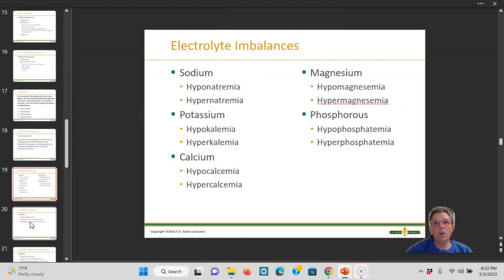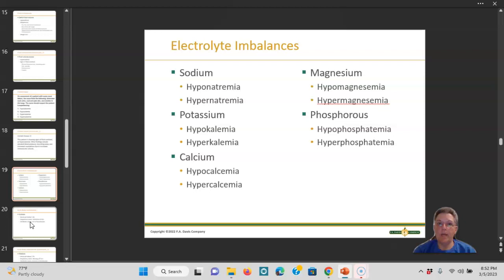All right, so the electrolyte imbalances are either hyper or hypo, and then the word ending in emia, in the blood. So hyponatremia, hypernatremia, hypokalemia, hyperkalemia, hypocalcemia, hypercalcemia.